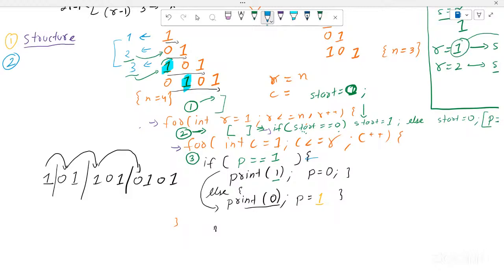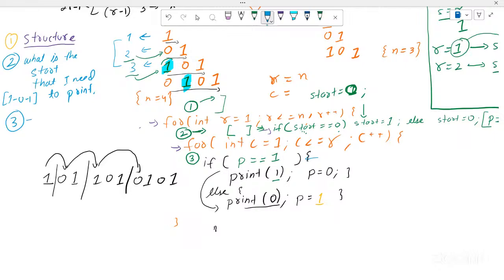Let's take it forward. First, we printed the structure, then we figured out what the starting value is that I need to print. The starting value was alternating 1, 0, 1.